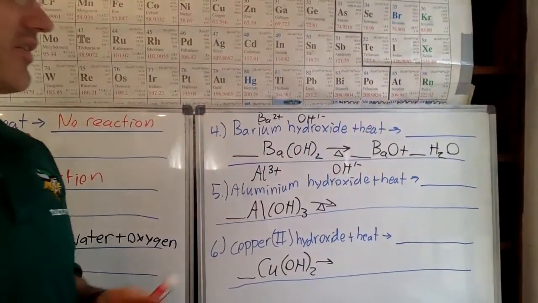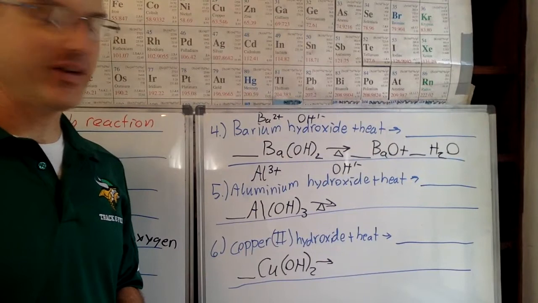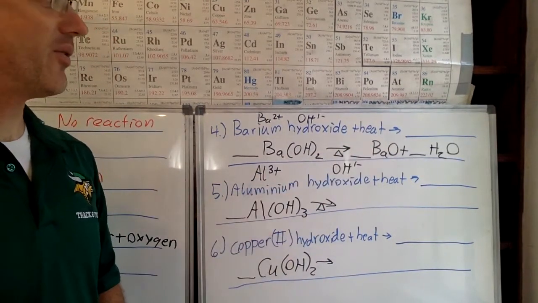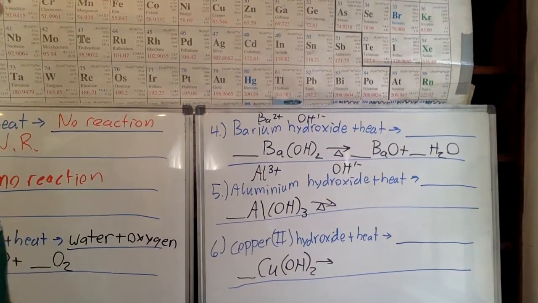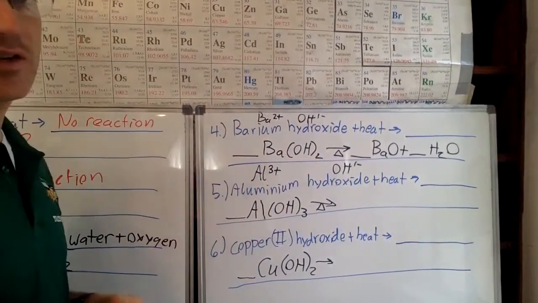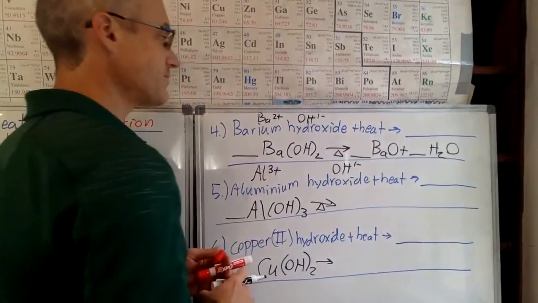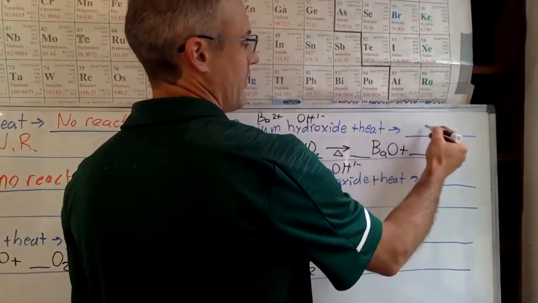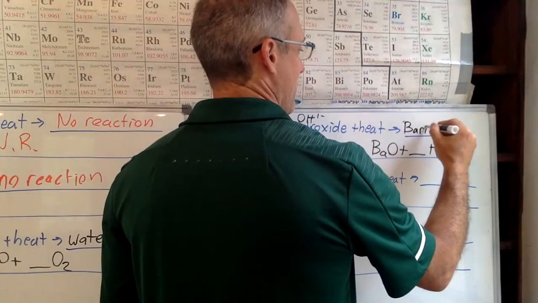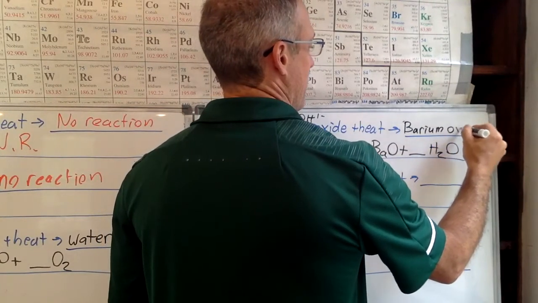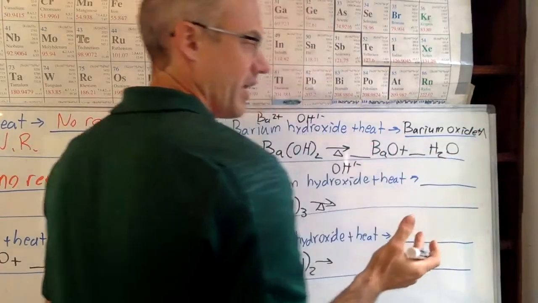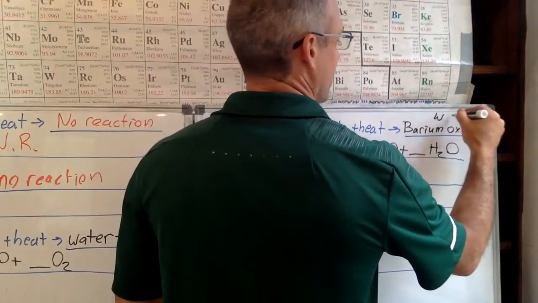And what you'll notice is that it actually balances itself here. We have barium oxide, BaO, and we have H2O being created as well. So out of one reactant, we have 2 distinct products, okay? Let's write those names up here. So we have barium oxide, plus, and then ran out of room there pretty quickly, water.